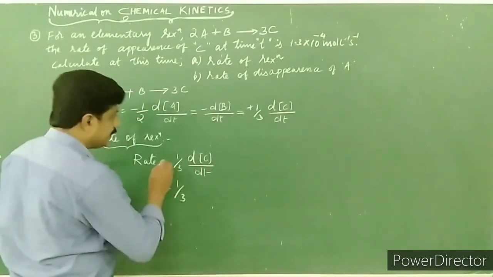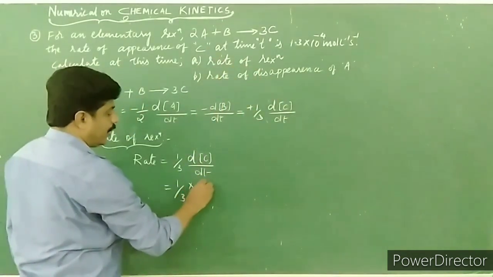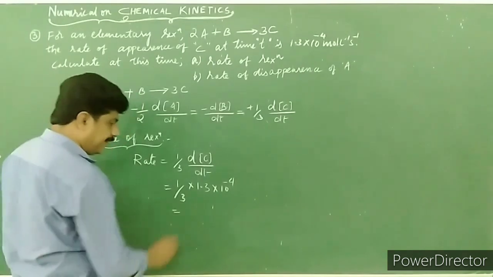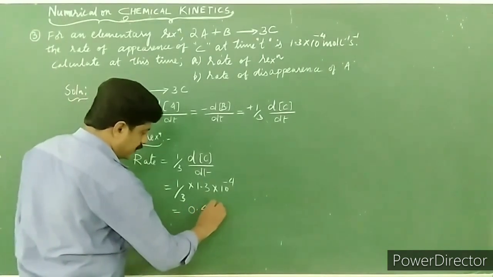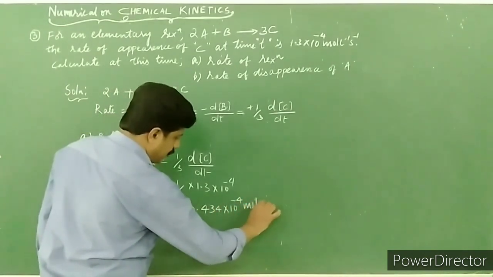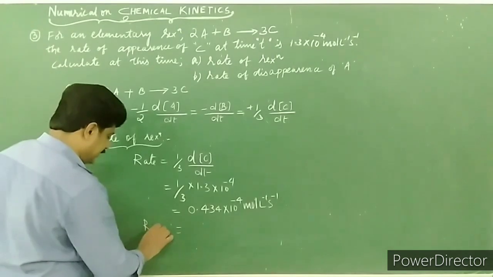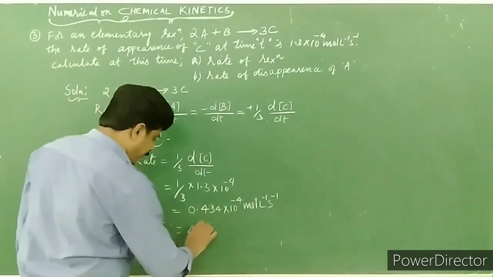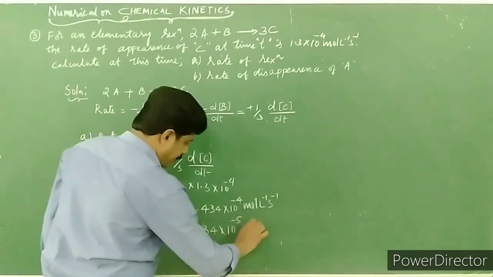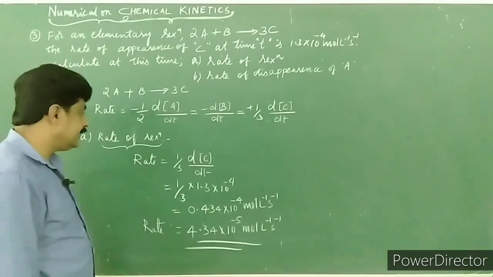Now look at here, this value they have given here: 1.3 into 10 to the power of minus 4. Now if you simplify, you are going to get 0.434 into 10 to the power of minus 4 mole per liter per second. Or I can also write, by reshuffling the decimal place, rate is equal to 4.34 into 10 to the power of minus 5 mole per liter per second. So this is the first part of finding the rate of reaction.